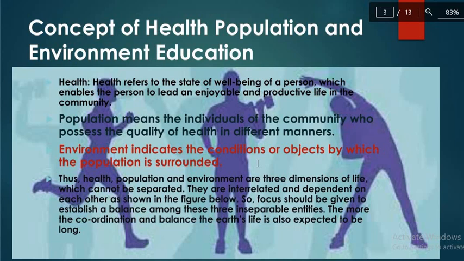Health, population, and environment are supposed to be one subject in its integration form. It means they are taken as one subject because these three subjects cannot be separated if somebody wants to make his or her life happy and prosperous.